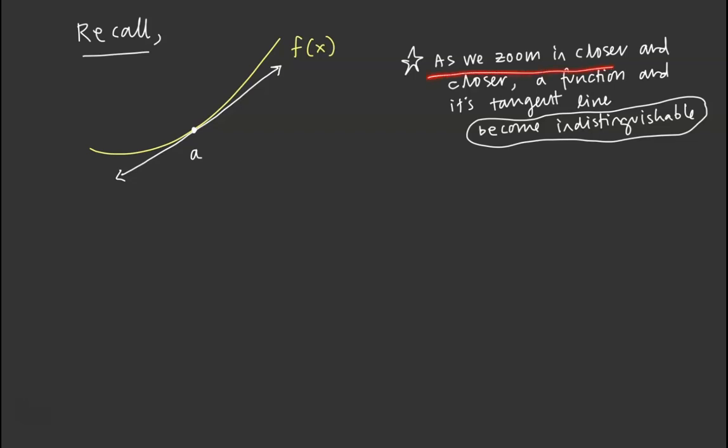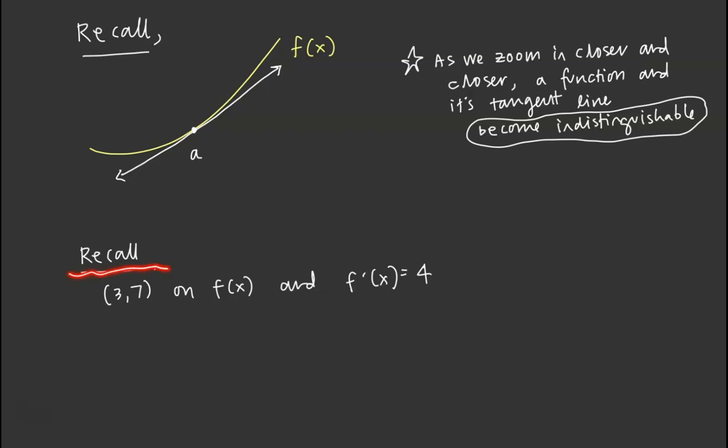So as we zoom in closer and closer, a function and its tangent line become indistinguishable. We zoom in really close to x equals a, and we can hardly tell them apart as we get closer and closer.